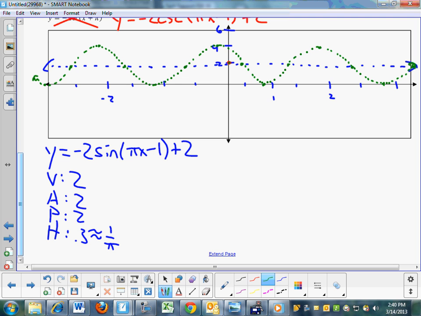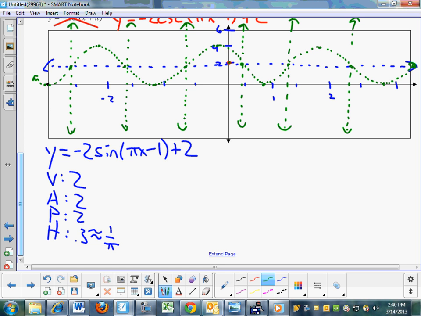You put it where it crosses the shifted axis. So the U-shapes.